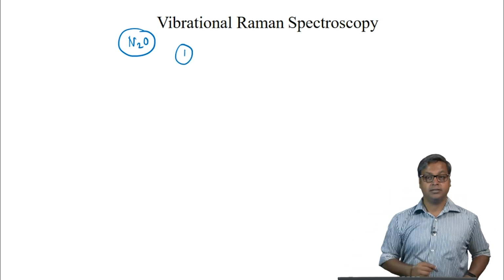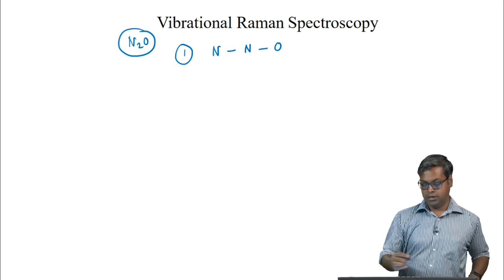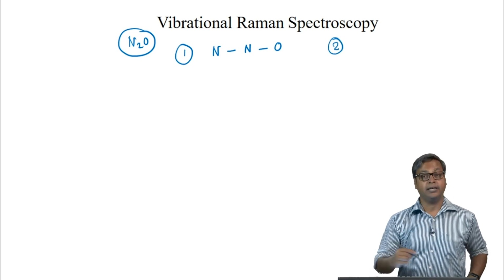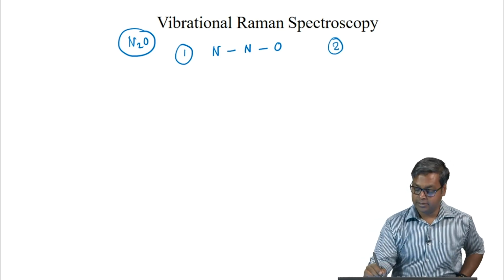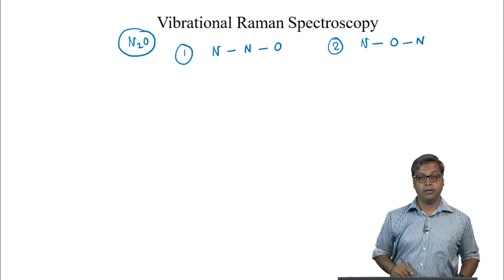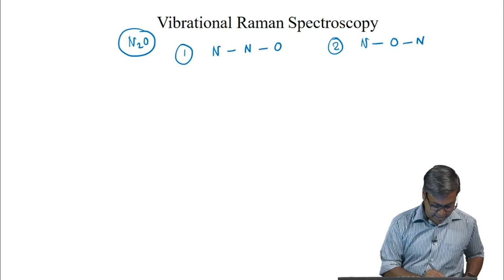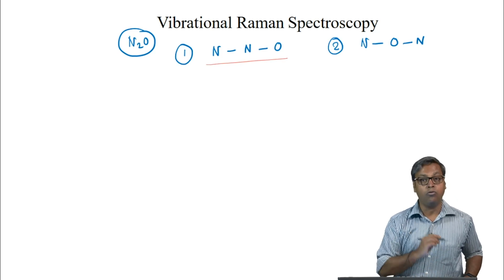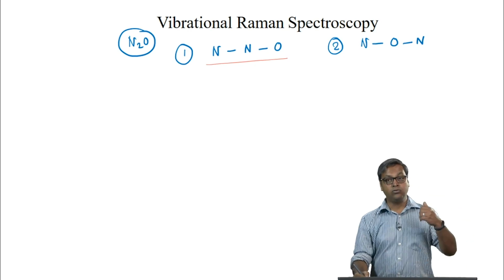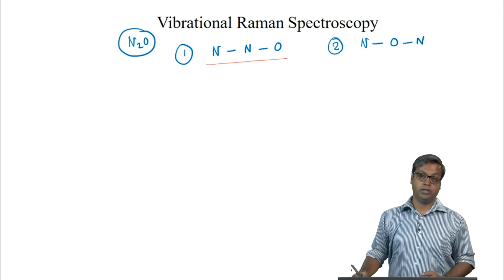In one case, I can write the sequence as N, N and O, and in the second case, I can write N, O and N. If the structure is N, N and O, then there is no inversion center for this linear molecule.